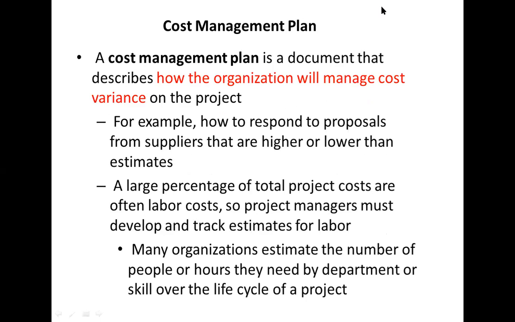So we define the costs in the plan itself by having estimates and then budgeting. In management plans, we describe how we can manage this variance. What is the variance? The variance is the difference between the actual costs and the scheduled or the budget.